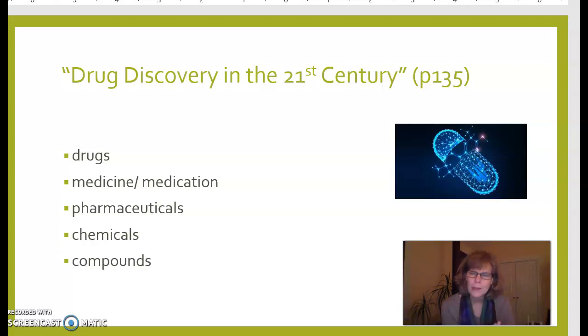Talking about pharmaceuticals, pharmacies, right? Chemists that are looking for new medications. And they talk a lot about chemicals and compounds. And all of this is ways of trying to get at new drugs, new medications for new diseases.